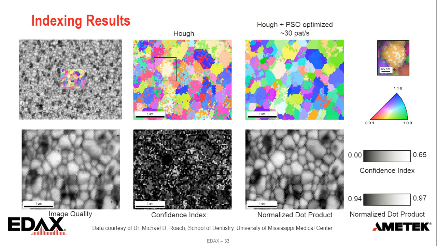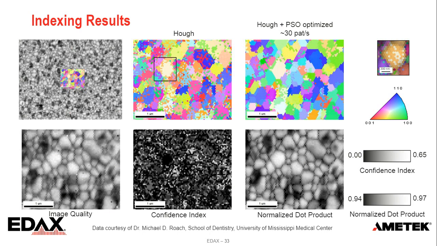This is not the fastest, but it's about 3 times fewer evaluations than doing the small dictionary approach. And you can see you end up with a pretty clean normalized dot product map.